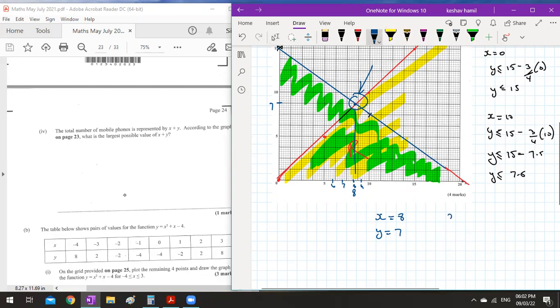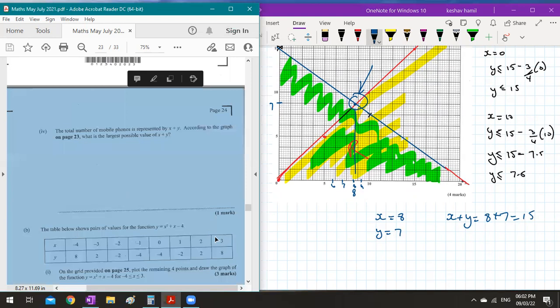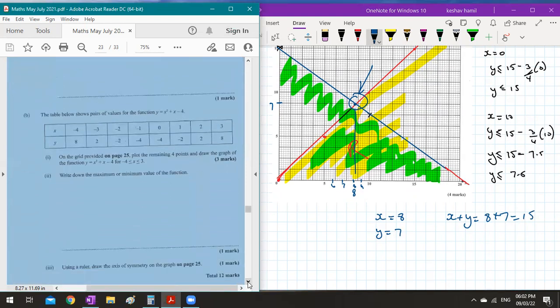So X plus Y, the largest possible value we could get is 8 plus 7, which is 15. So the most phones she could get is 15.